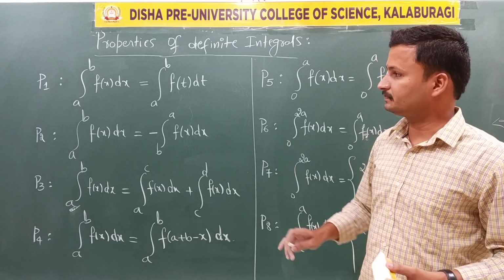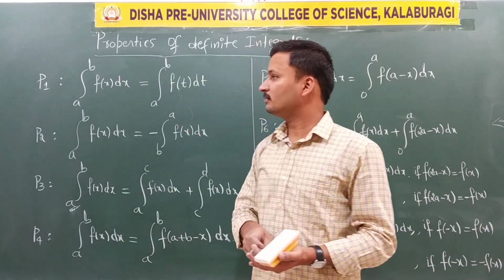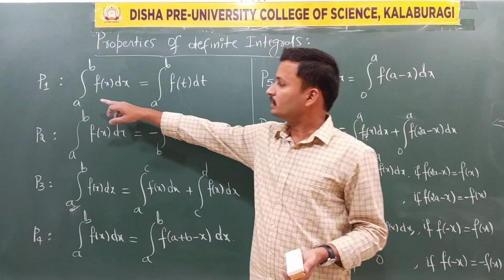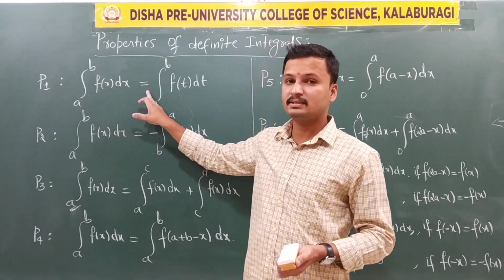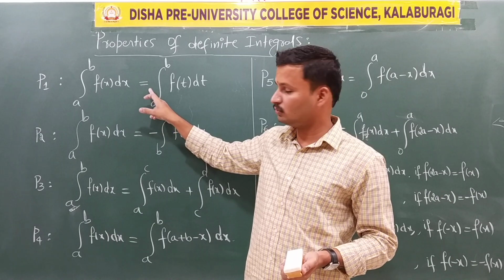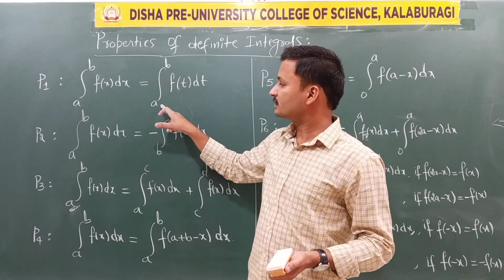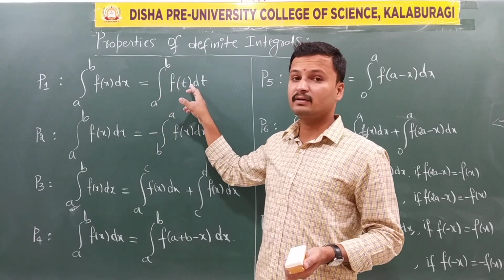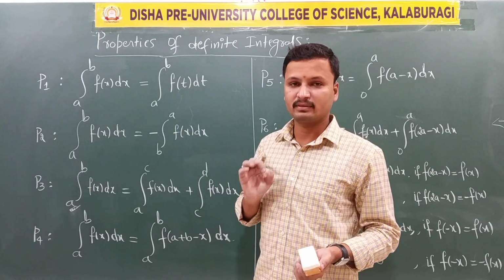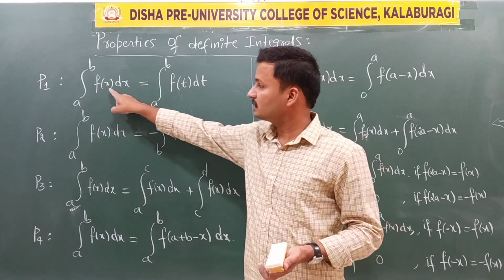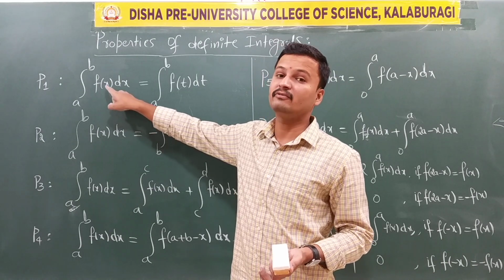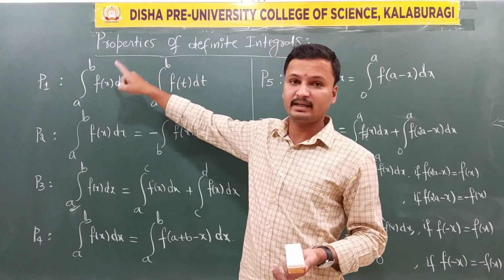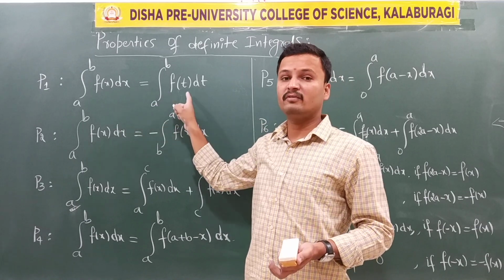See here, first one, property number 1. Integration of a to b f of x dx is equal to integration of a to b f of t dt. That means changing the variable in the definite integral does not change the value of the integral.